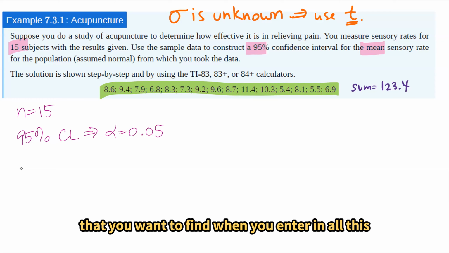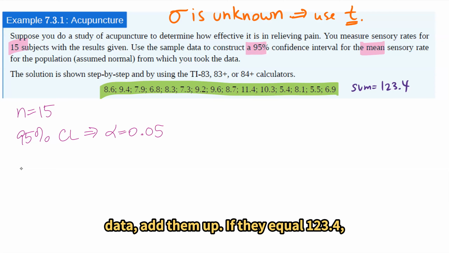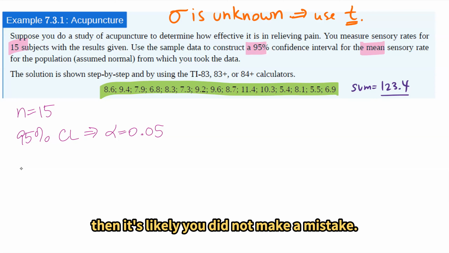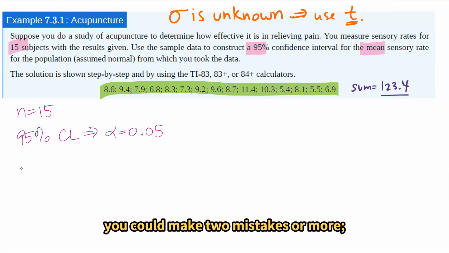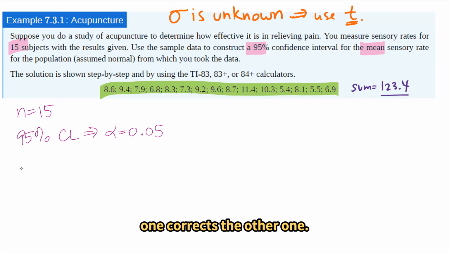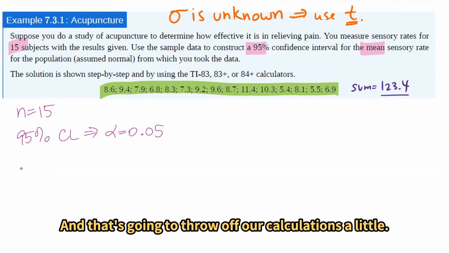The sum that you want to find when you enter in all this data, add them up. If they equal 123.4, then it's likely you did not make a mistake. There's still a small chance you could make 2 mistakes or more.